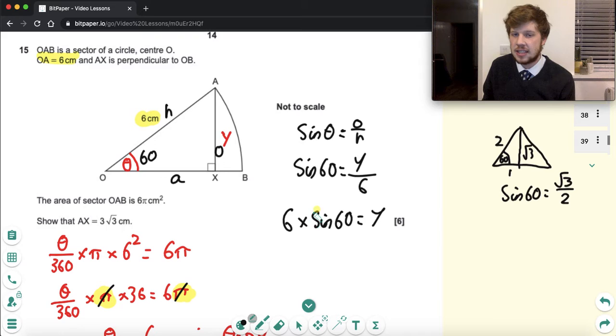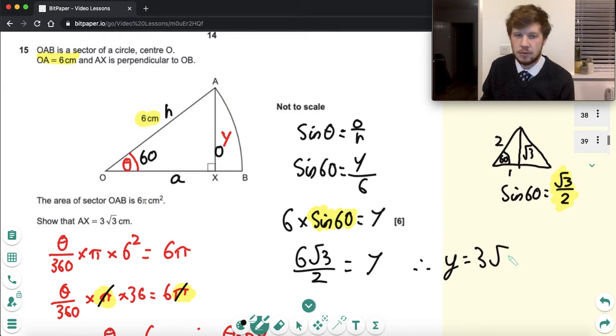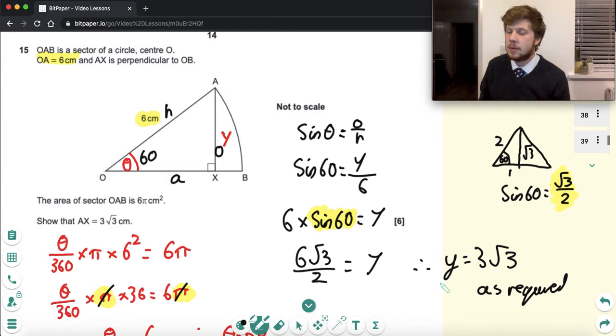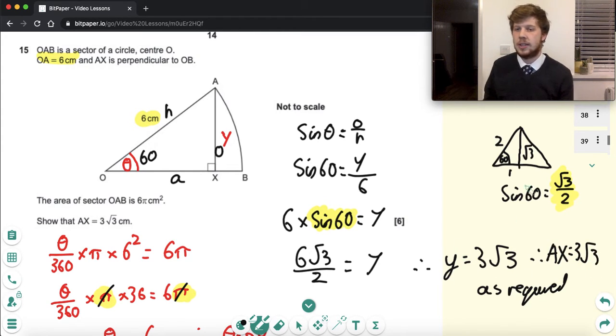The issue is I didn't know what this sine 60 was before, but now I know it's root 3 over 2. So I get 6 lots of root 3 over 2 equals y. And therefore y, 6 divided by 2 is 3, is equal to 3 root 3, as required. If you wanted to be precise, you could replace the y with AX and say that AX equals 3 root 3. Or you could have said let y equal AX.